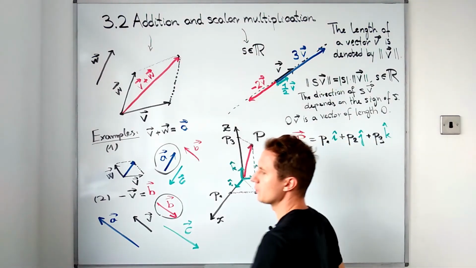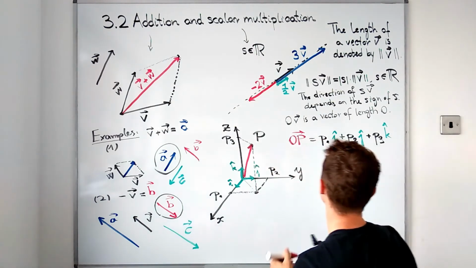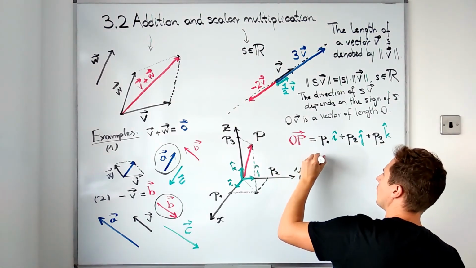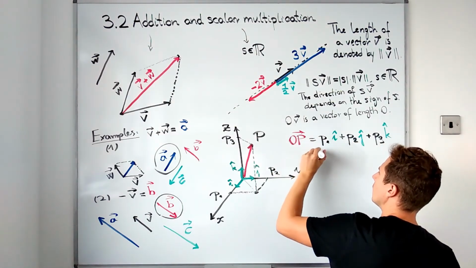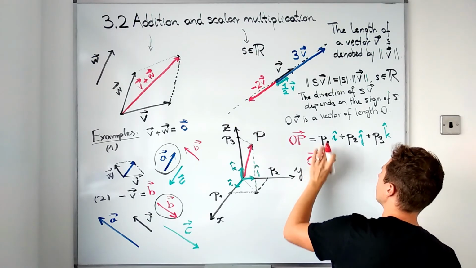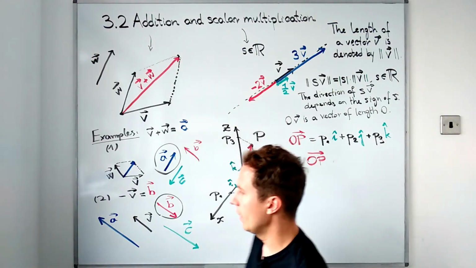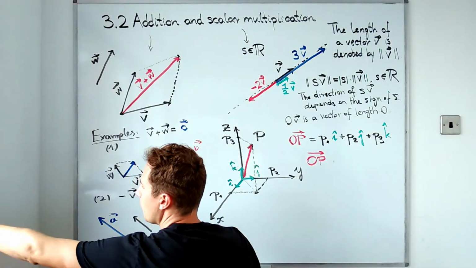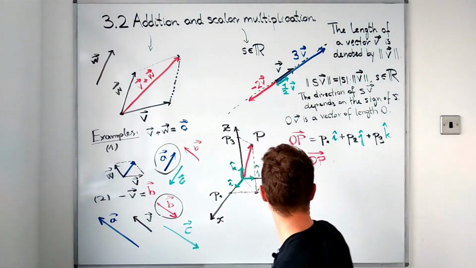So how could we express the length of our vector OP using its coordinates? Well, for this we'll need the Pythagorean theorem.